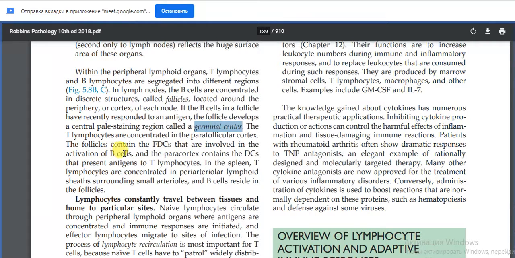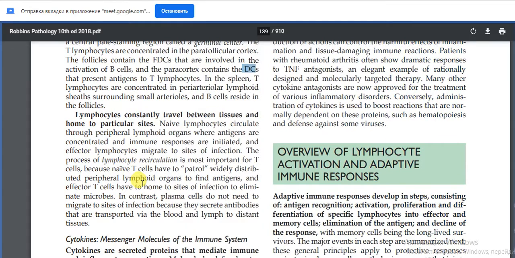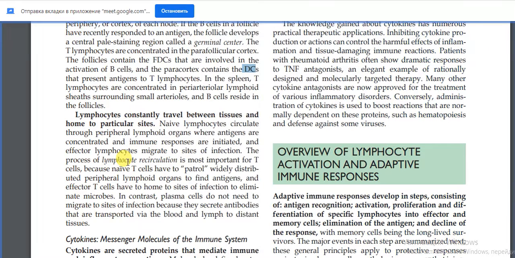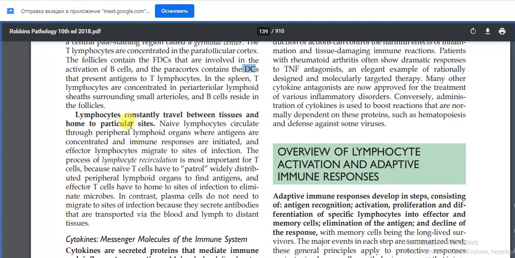You remember, we discussed it before. The paracortex contains normal dendritic cells that present antigens to T lymphocytes. In the spleen, T lymphocytes are concentrated in periarterial lymphoid sheaths, surrounding small arterioles, as you remember from histology, and B cells reside in the follicles. So B lymphocytes are usually present in follicles, and T lymphocytes interstitially. Lymphocytes constantly travel between tissues and home to particular sites.